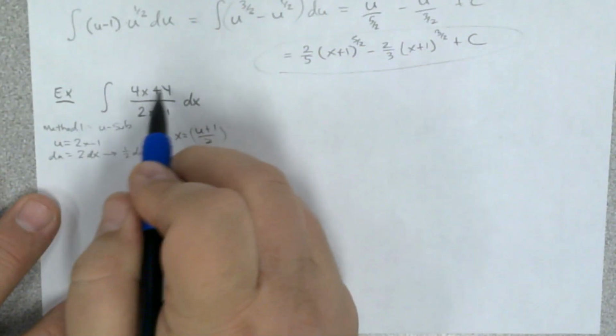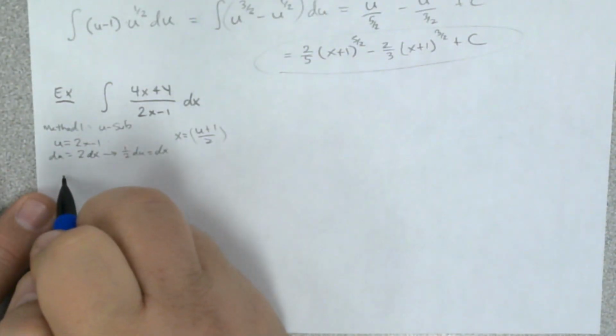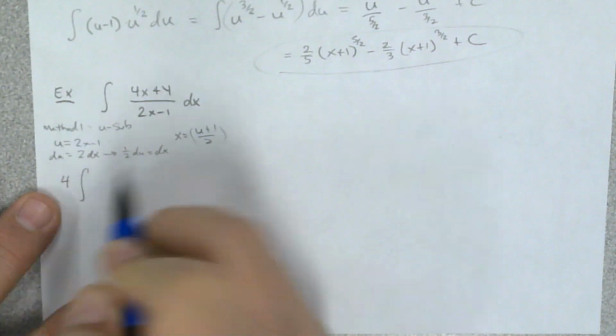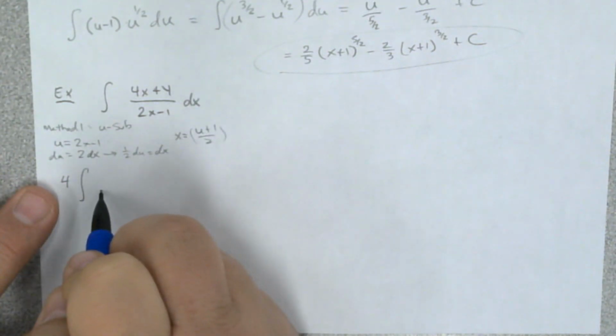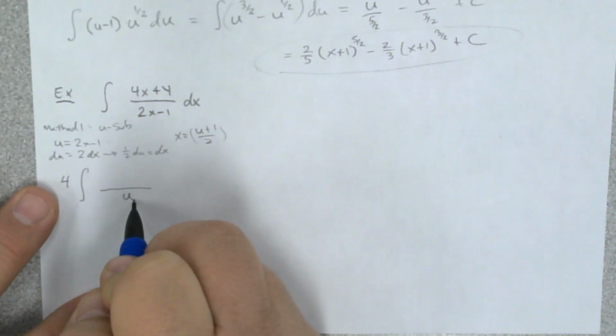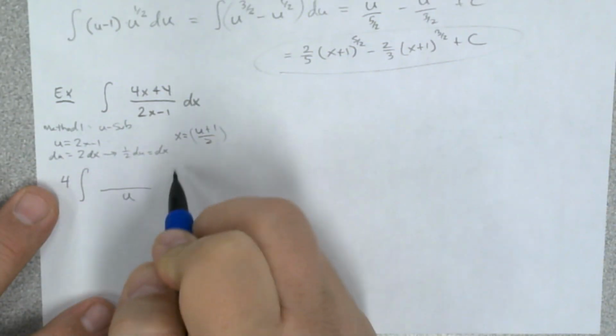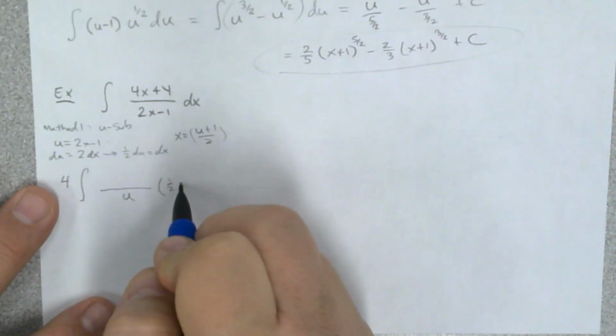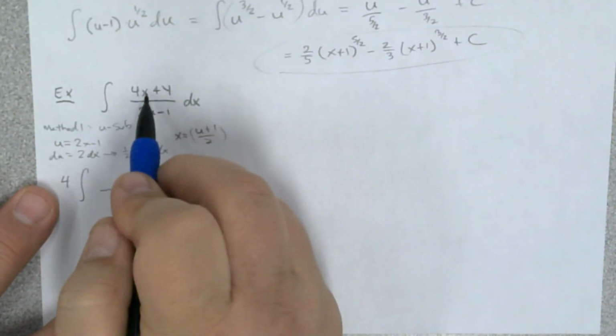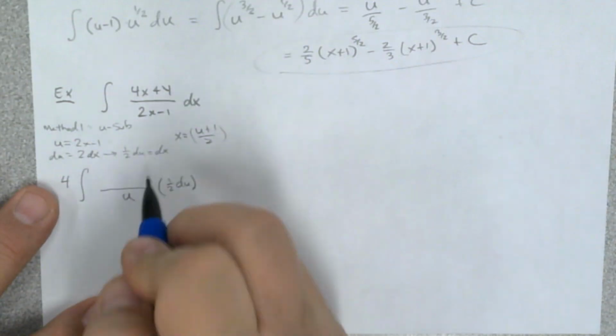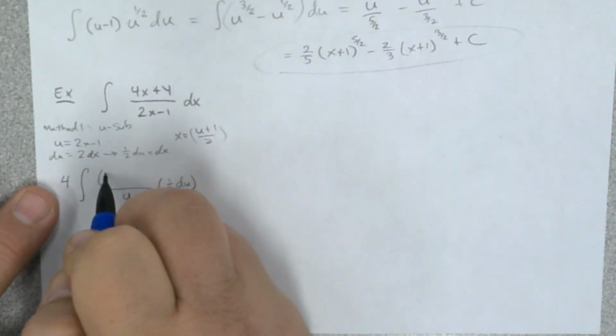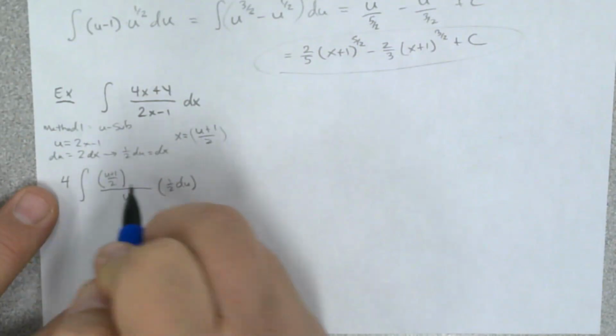First off, factoring the 4 out to the front. So it's going to be 4. And then on the bottom of this, we're going to have a u. The dx is going to become 1/2 du. And on top, so visualize it, x plus 1. So the x I'm going to write as (u plus 1) over 2, and then plus a 1.